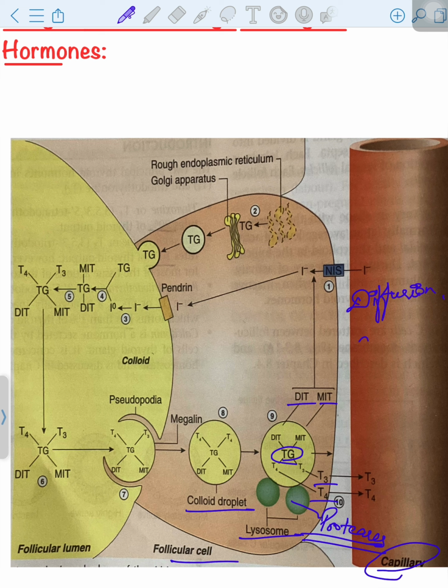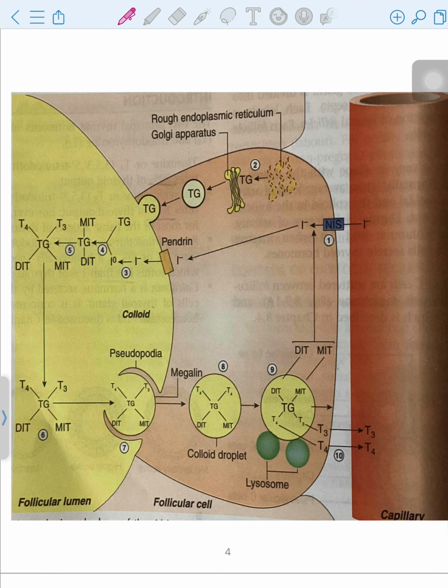There are some capillary plexus which is present, and with the help of capillary plexus and by the help of diffusion process, this T3 and T4 diffuse out into the capillaries. The fate of DIT and MIT: an enzyme called as deiodinase readily waits for the release of this DIT and MIT from this colloid.